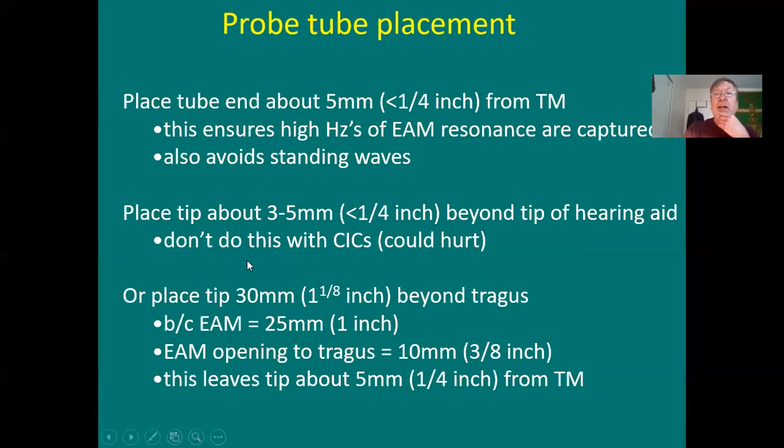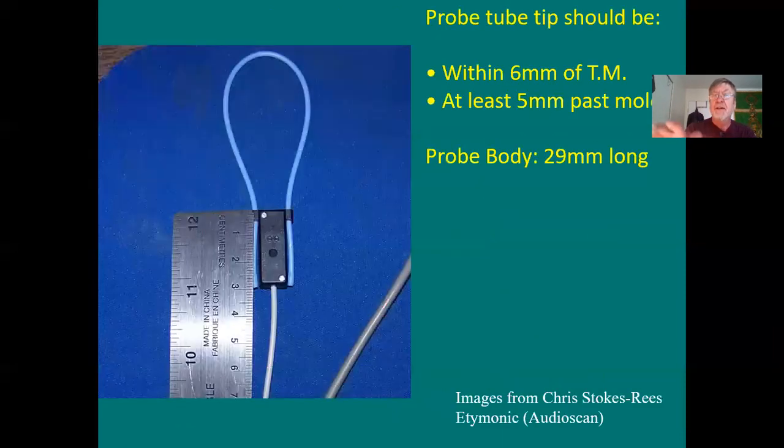The probe tube placement has to be close to the ear. What did I say? 1/2 centimeter, 5 millimeters, less than 1/4 of an inch, okay? This ensures that the high frequencies of the external auditory meatus resonance are captured, okay? So looky here. 3 centimeters, in other words, 29 millimeters or 30 millimeters.